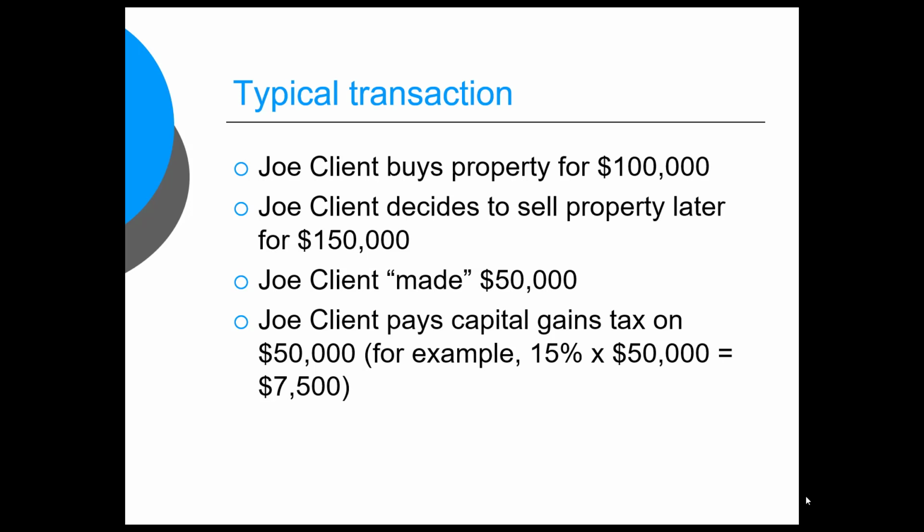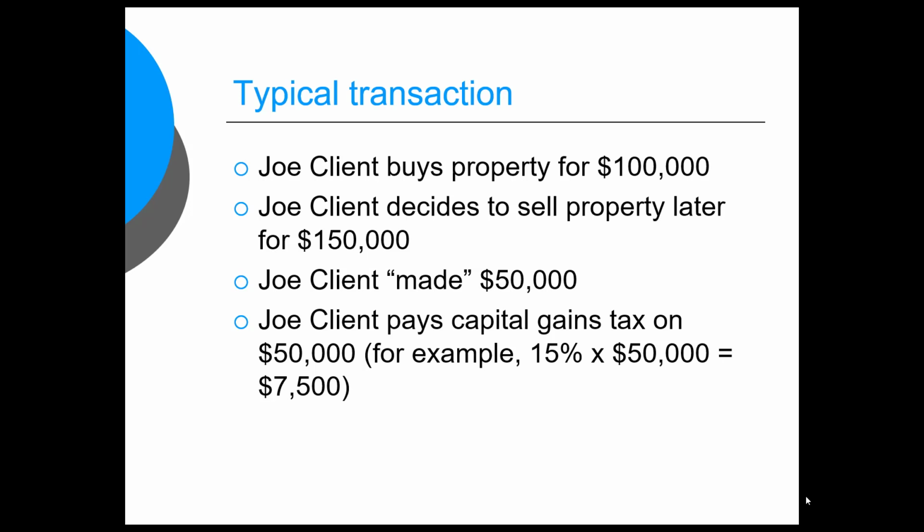Just to walk through how that typically works, if someone is not doing a 1031 exchange, they're going to have bought property at a specific sales price. So in this example, Joe Client has bought a property for $100,000, and that is his tax basis in the property. Now later he decides to sell the property for a profit, and so he sells it for $150,000.